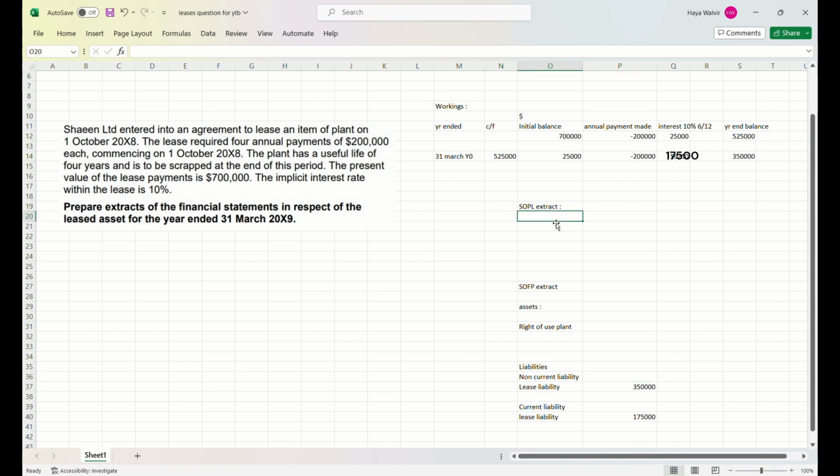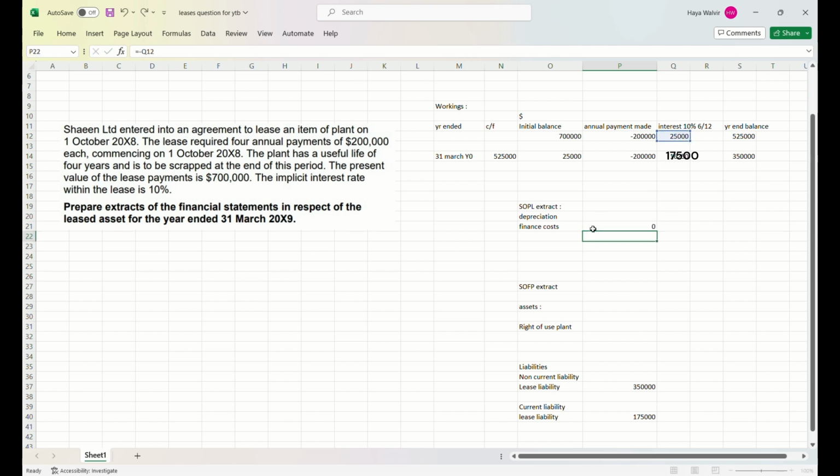As simple as that. So for the SOPL format, it will start with depreciation, because that's the format: operating expenses, then operating profit, then finance costs, right? Finance costs associated with the lease. So how much is it? Simply put 25,000, and this is a negative amount, so remember that.